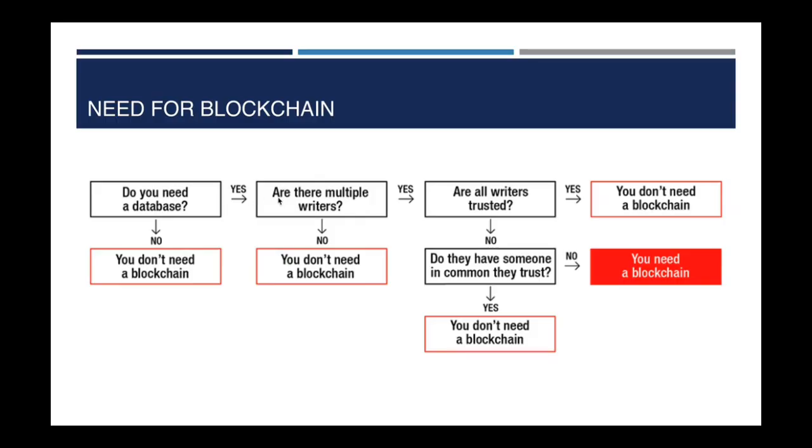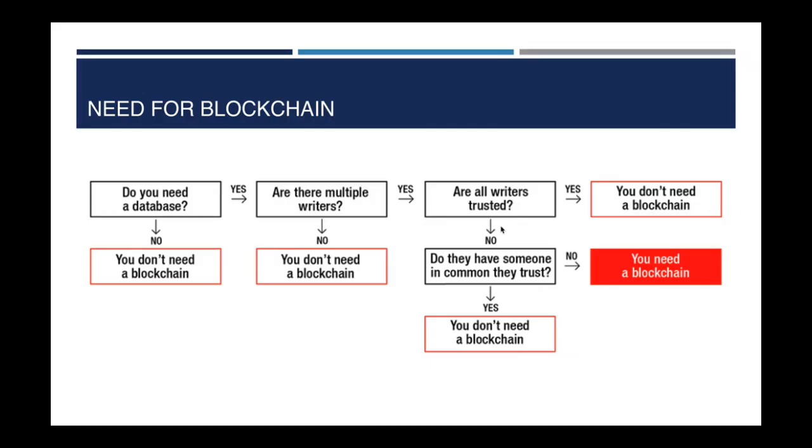If the answer is yes, you should ask another question: are there multiple writers? If there is a single writer, then you don't need blockchain. And if you have multiple writers and all the writers can trust somebody, then you don't need blockchain again.